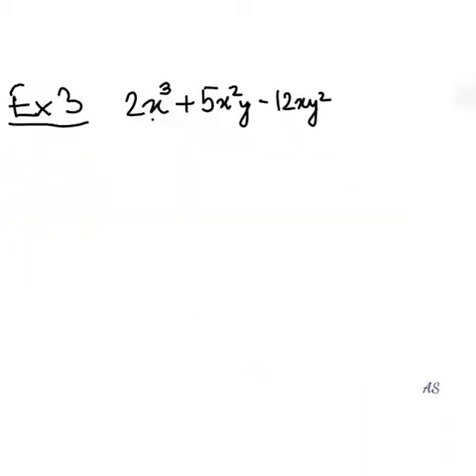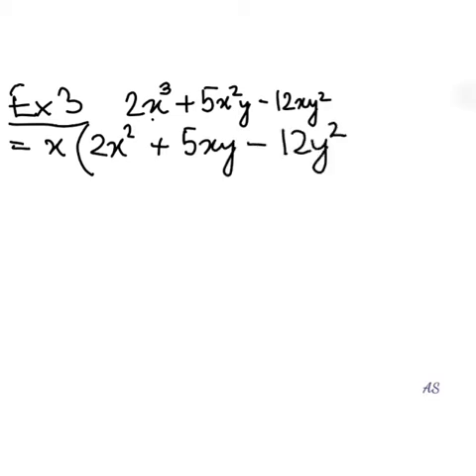The last example, 2x cubed plus 5x square y minus 12xy square. So we see that x is common in each of the terms. So what we do, we take x out and we write x times 2x square plus 5xy minus 12y square.